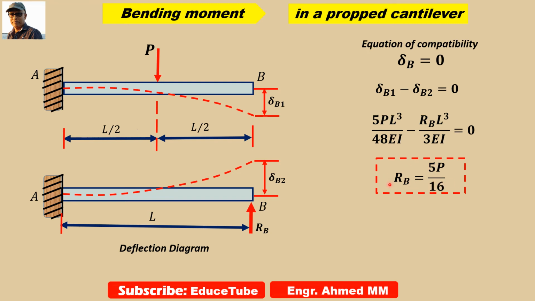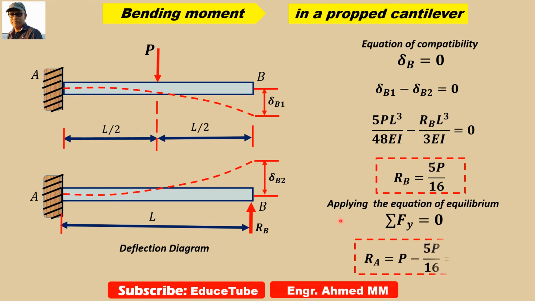So once we find RB, surely we know how to find RA, because we know the summation of vertical forces is equal to 0. So easily we can find RA equal to P minus this. It will give us 11P by 16. So we got two reactions.